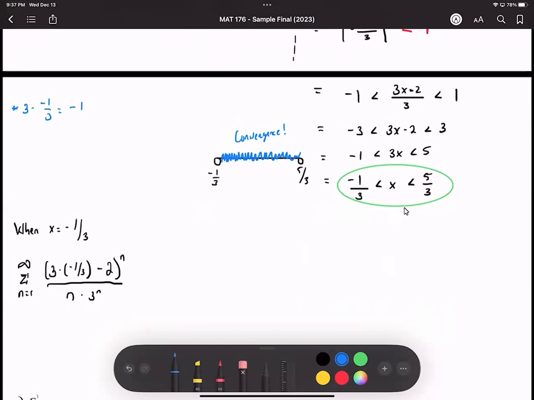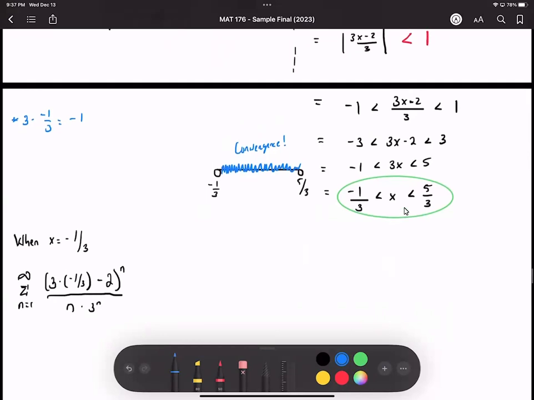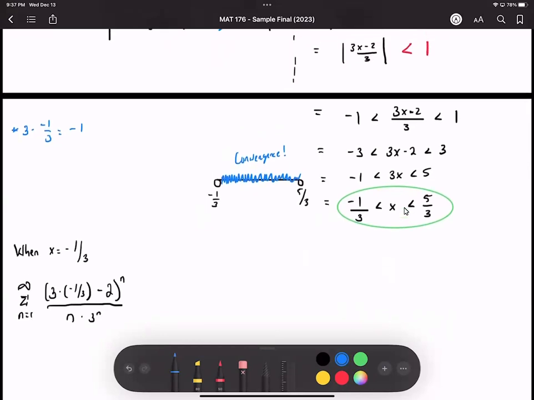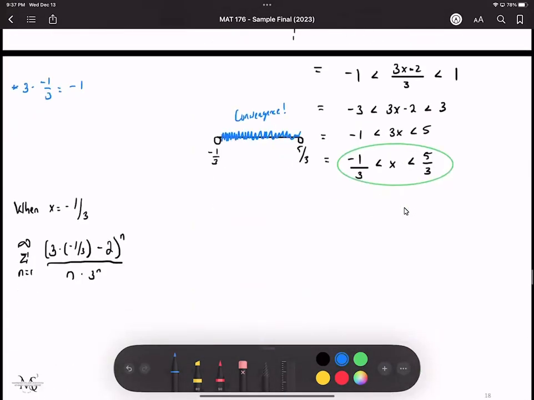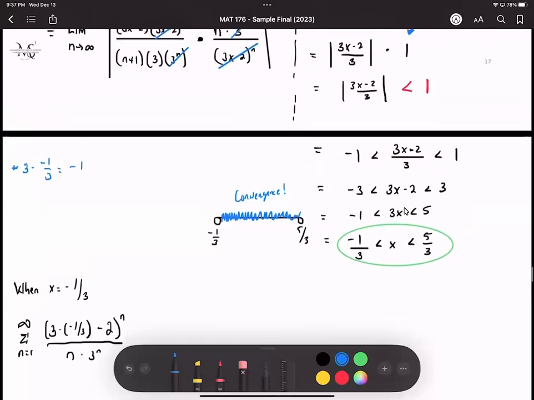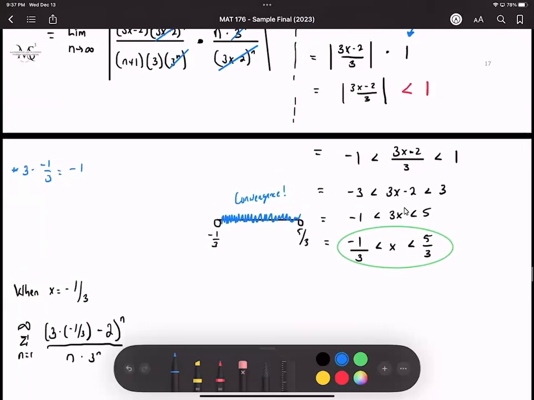And no, I'm sorry. Was it negative 1/3? Yes, it is negative 1/3. One sec though. Is there a slight mistake? Let's see.